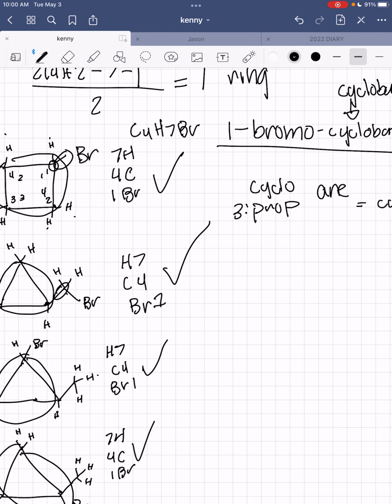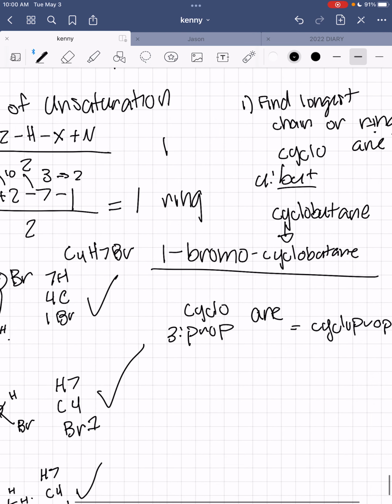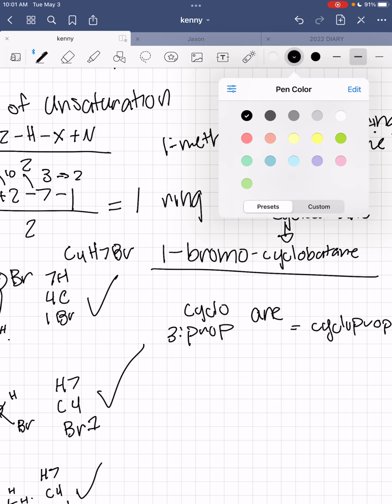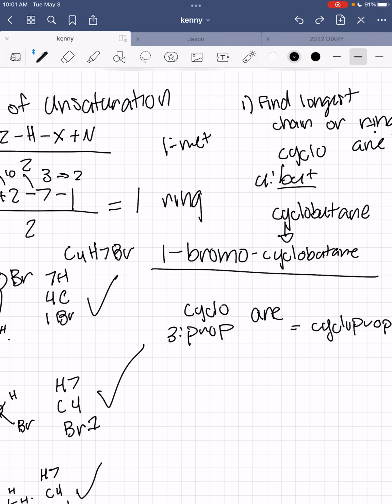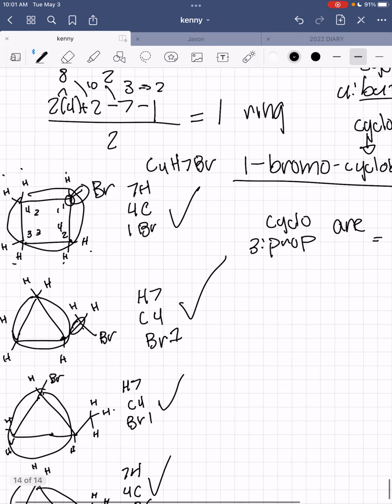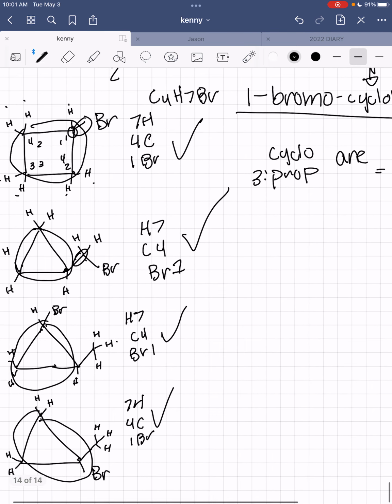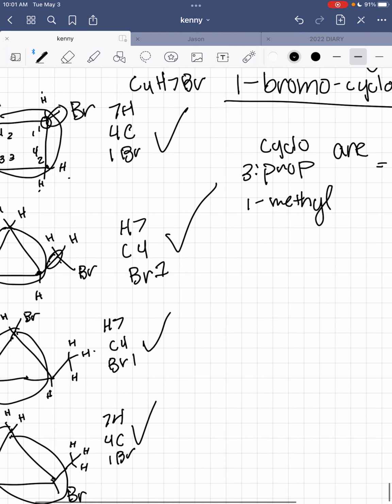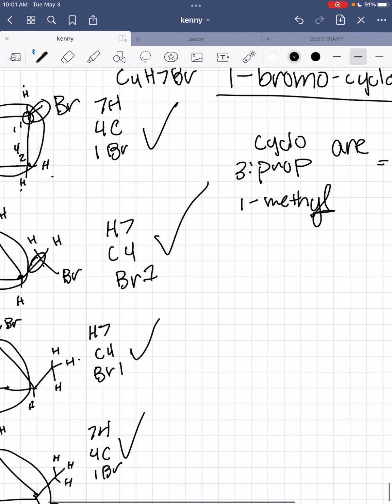So 1 corresponds with methane, or meth, and then because it's a substituent, you just add the -yl at the end of methane.